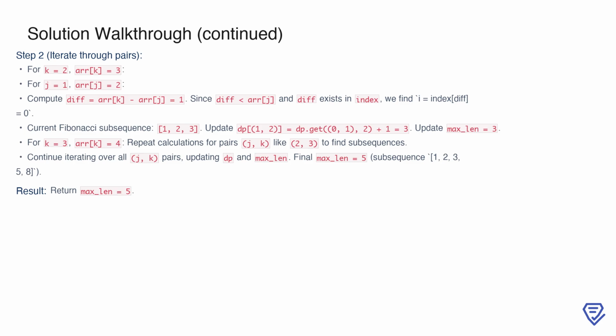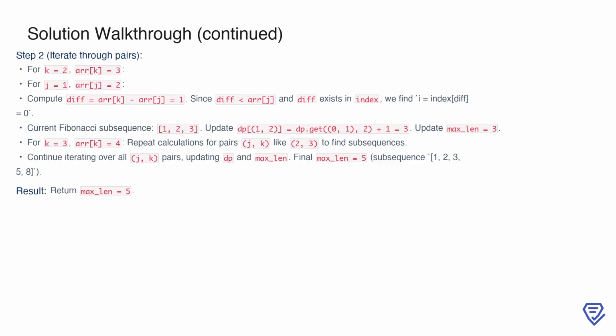Now, we start iterating through pairs of indices to identify Fibonacci-like subsequences. For k equals 2, the current value arr[k] is 3. We then consider j equals 1, where arr[j] is 2. To check if these two numbers can extend a Fibonacci sequence, we calculate the difference, diff equals arr[k] minus arr[j], which is 1. Since diff is less than arr[j] and exists in our index mapping, we find that i equals index[diff], which gives us 0.